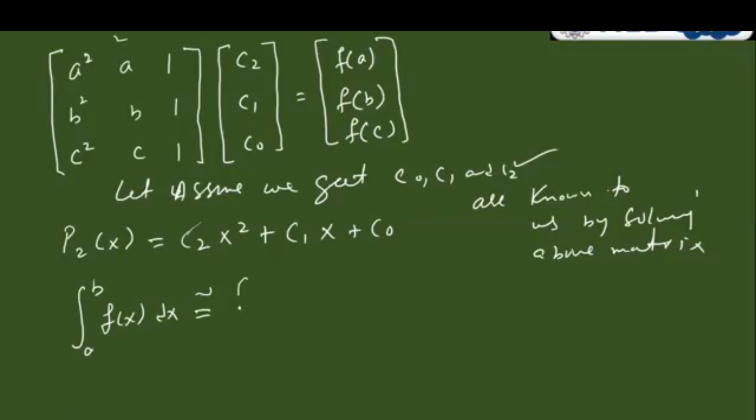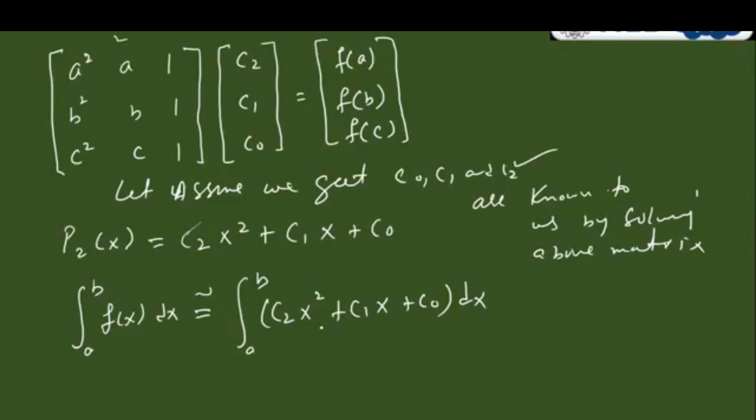So degree 2 would be defined like that: integral from a to b of C2 x square plus C1 x plus C0 dx. We do not need to integrate yet, but we know that now this is known to us. So we can integrate them, take upper limit minus lower limit, and replace the values of C0, C1, C2 obtained from it.